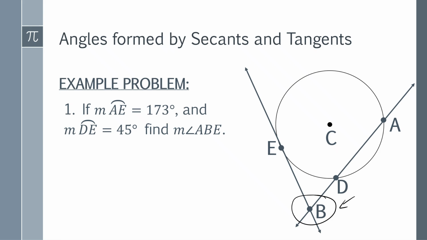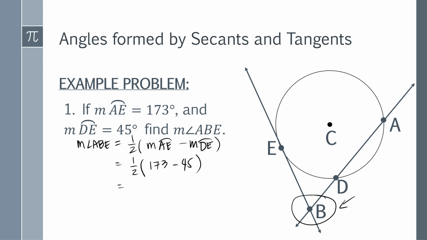Subtracted po tayo. So therefore, the measure of angle ABE is equal to half of the measure of the major arc AE minus the measure of the minor arc DE. Therefore, we have here 1/2 times the measure of major arc AE, which is 173, minus the measure of DE, which is 45 degrees.